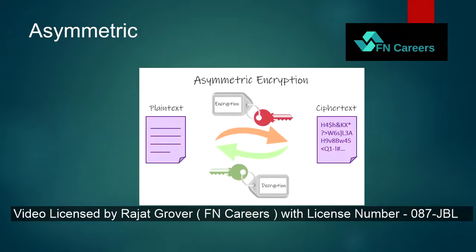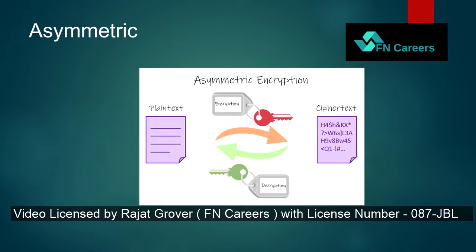In this section, we're going to be focusing on asymmetric cryptography, or so-called public key cryptography. Asymmetric cryptography uses two keys, public and private, in order to encrypt and decrypt data.